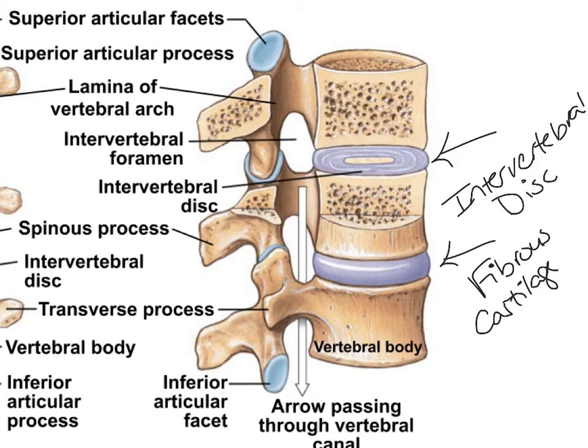The disc is layered so that it really helps to cushion the two bones, so the bones aren't ever touching each other, not bone to bone. It also helps to create this space right here, which is called the intervertebral foramen.